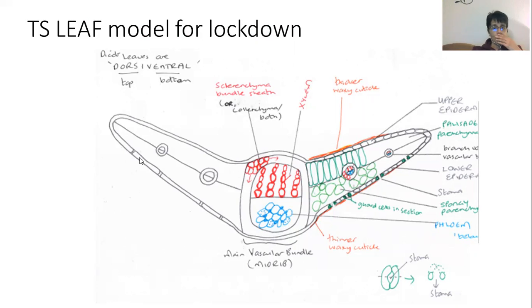Okay, so the lower epidermis, you can see I've drawn in some of the epidermal cells and also the guard cells, but I've colored those in green and I've left the little opening in between blank because that's where gaseous exchange is going to occur through the stomata. So 1, 2, 3, I've drawn 4 stomata, there's another 4, but it's just on that one, we're cutting across the leaf.